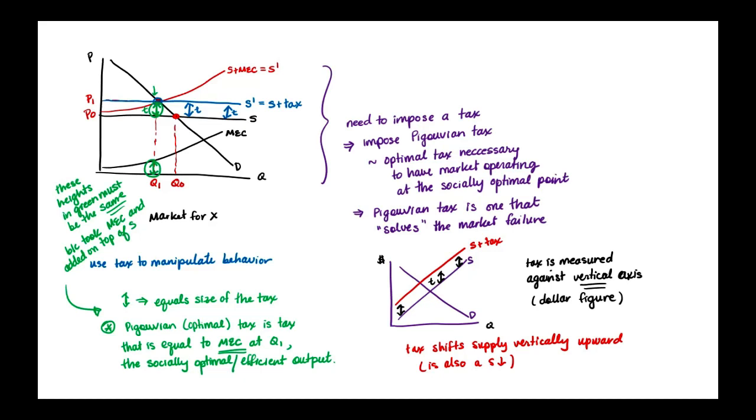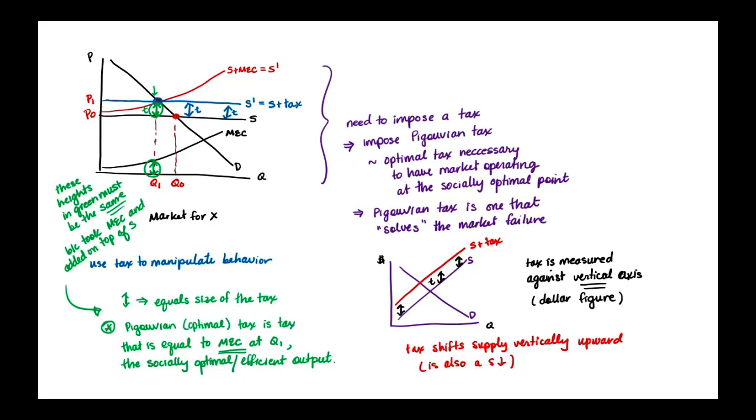So a Pigouvian tax is simply the optimal tax, the tax that addresses market failure. And we know, because of what we just did, that it has to be equal to the marginal external cost at Q1, the efficient level.